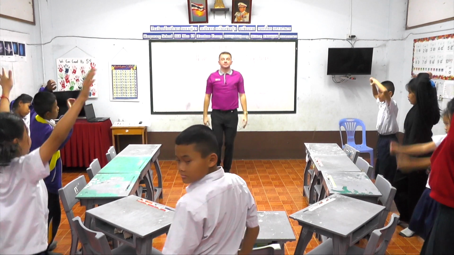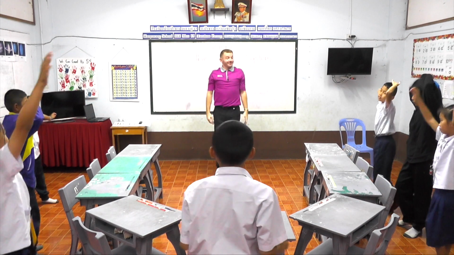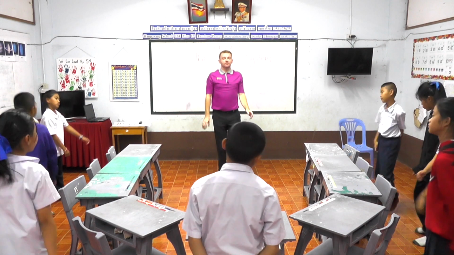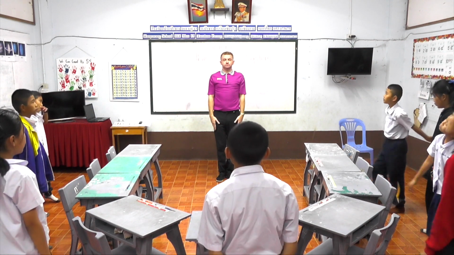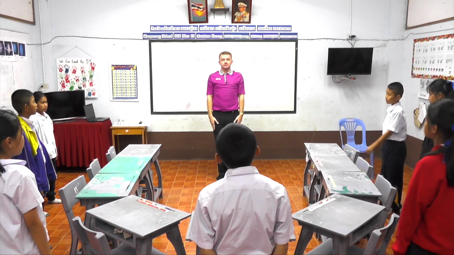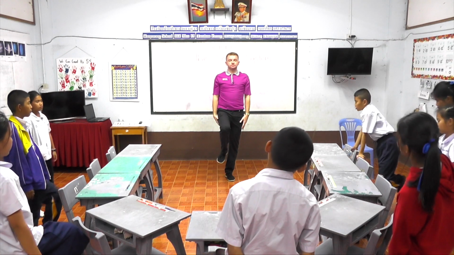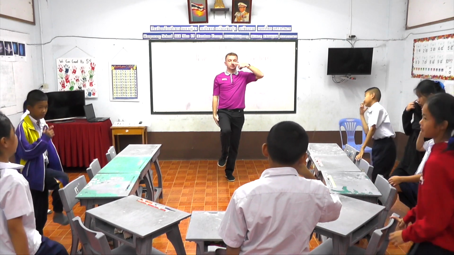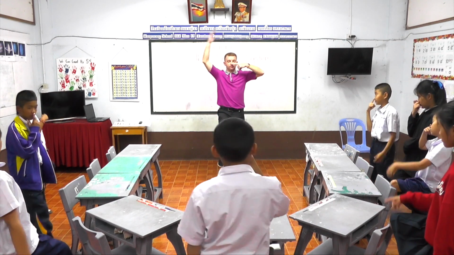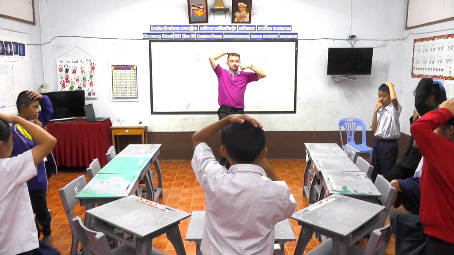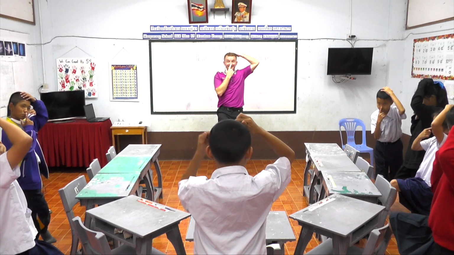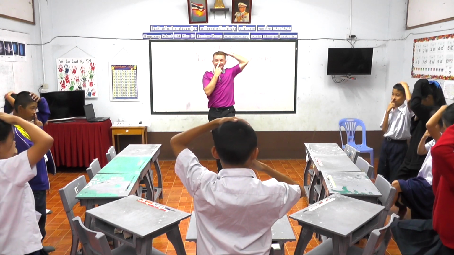Arms down. Teacher says, arms down. Teacher says, stop running. Teacher says, stand on one leg. Teacher says, touch your nose. Teacher says, hands on head. Swap hands. Teacher says, swap legs.